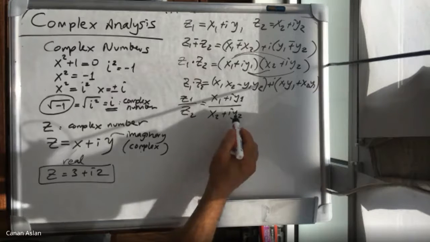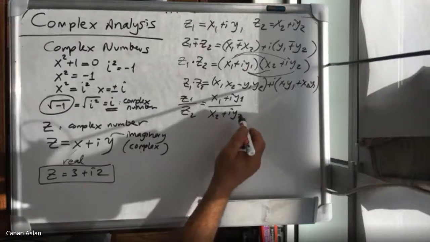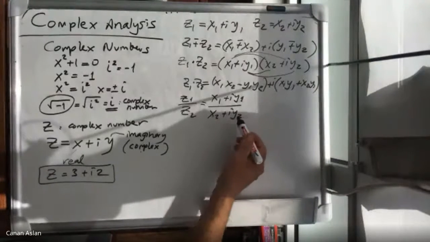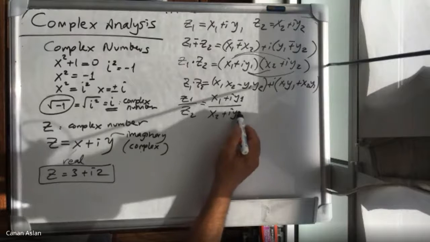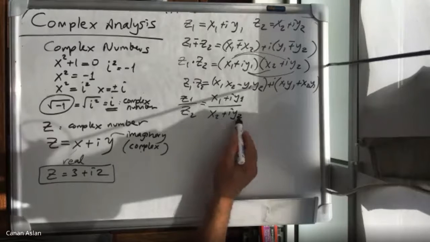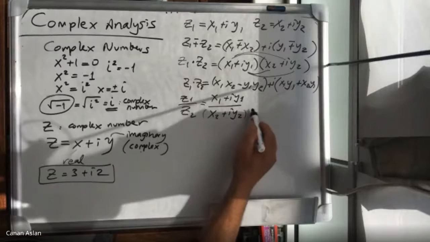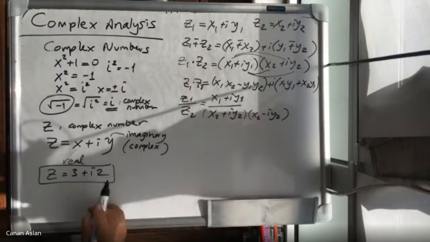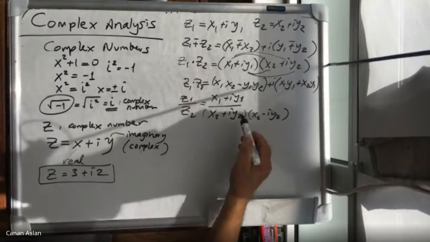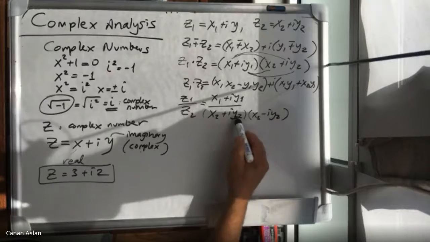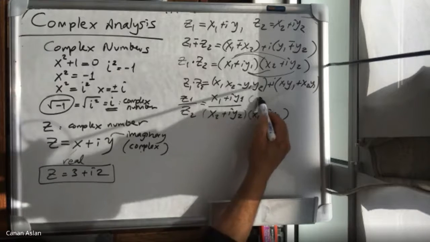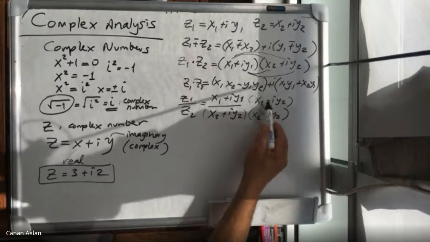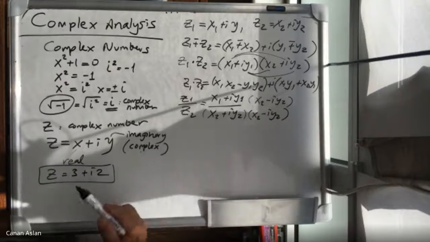So we have to get a real number, or a real function if it is given as functions, in the denominator. In order to get the real thing, we multiply by x2 minus i y2. It's the complex conjugate of the denominator, so it's just changing the sign of the i term. Of course, when you multiply the top by the same thing, nothing changes. So we multiply top and bottom by the complex conjugate of the denominator.